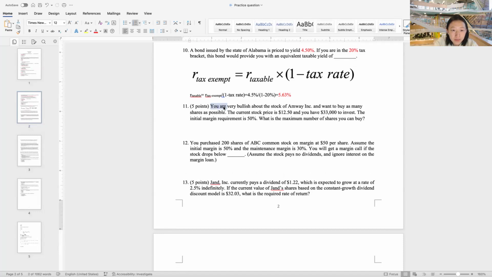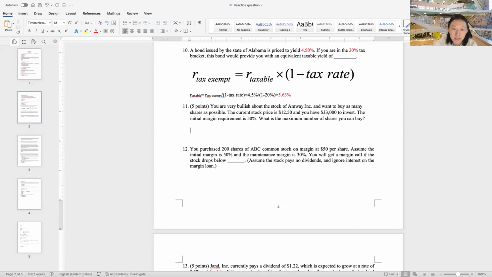Moving on, the person is very bullish about the stock and wants to buy as many shares as possible. The current stock price is 12.5 and they have 33,000 to invest. The initial margin is 50%. What is the maximum number of shares? So 50% and the person has 33,000.